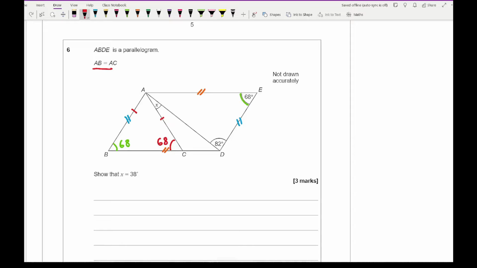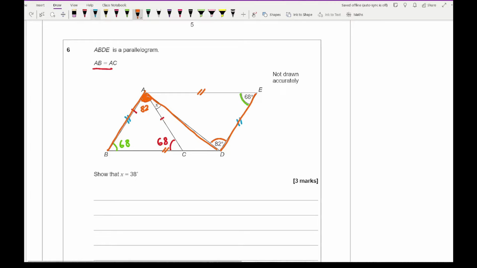And using our knowledge of the fact that we've got a corresponding angle, I'm just trying to pick two colours that I've not used. I've got an orange. So here we've got a Z angle, which means that this angle here must be 82.